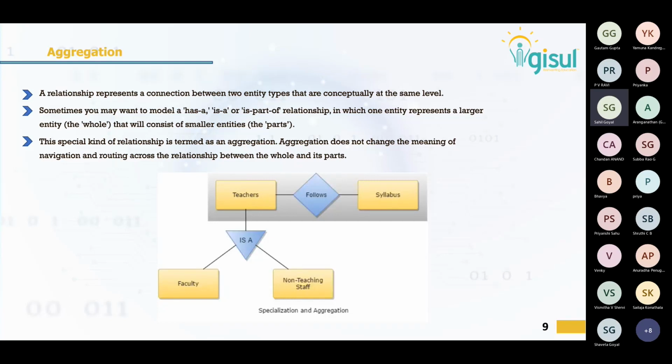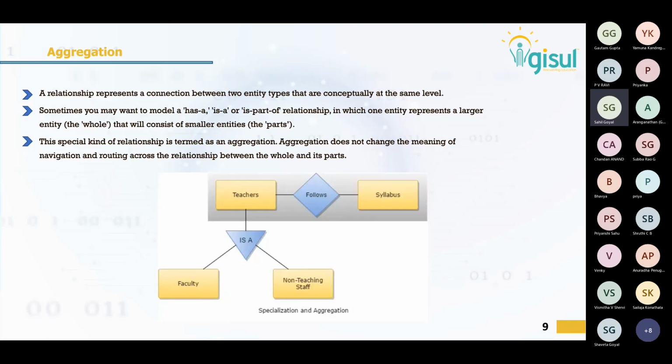Okay, so here are a couple of terms first which we need to understand. When we talk about ER modeling, as part of the ER model, as I said, there are rectangles, ellipses, diamonds, and lines.